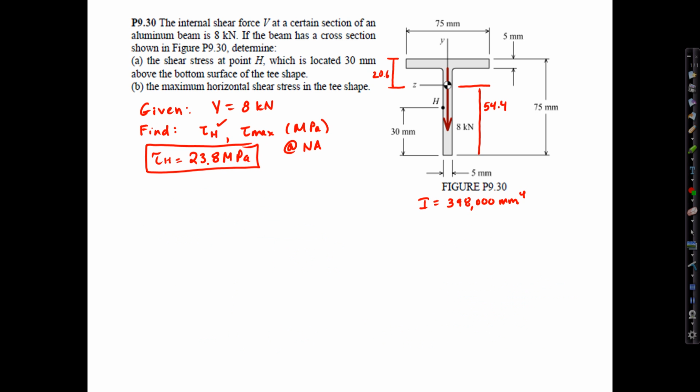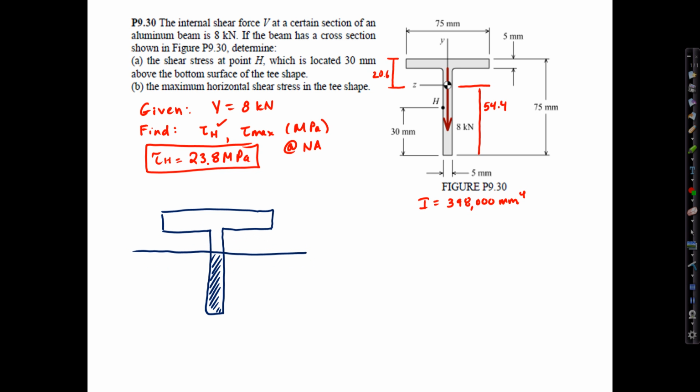Next, tau at the neutral axis, or tau max. Almost the same procedure, the same calculations, but we evaluate Q using a different area. I'll draw a picture of the section again so we can evaluate it. Here's my neutral axis. Since we're evaluating shear at the neutral axis, we want to take the area above or below.